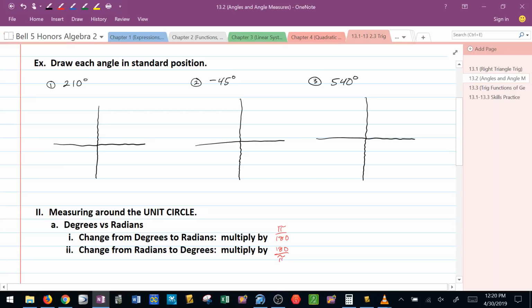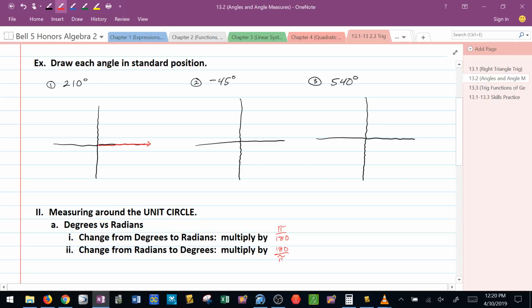For example, if I wanted you to graph a 210-degree angle, the first thing I know is its initial side is always going to be this positive x-axis. Now, I know that if I travel counterclockwise 90 degrees, I'm on the y-axis. Well, 90 is not enough. I need 210. If I travel all the way to the negative x-axis, I'm at 180 degrees.